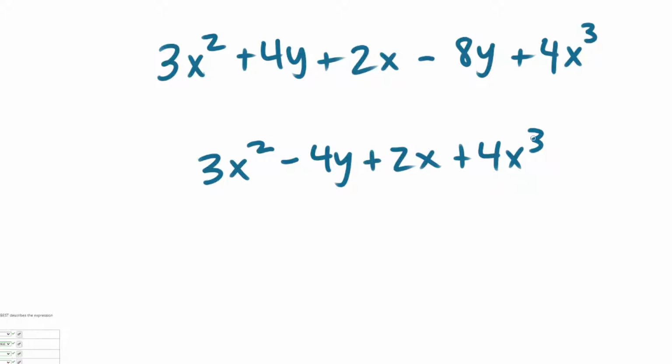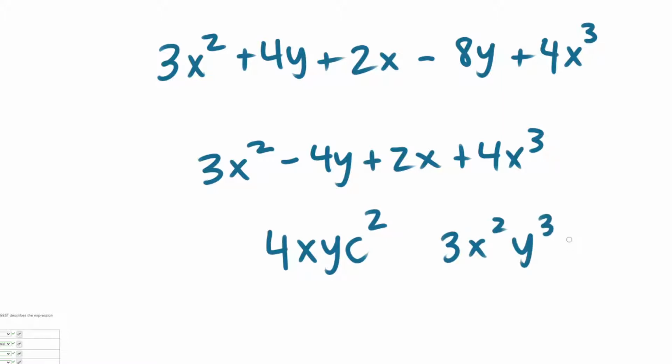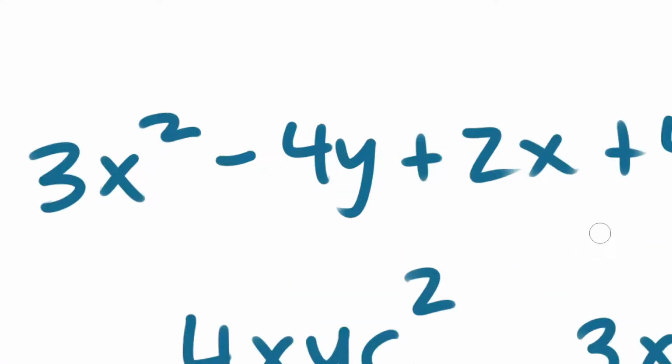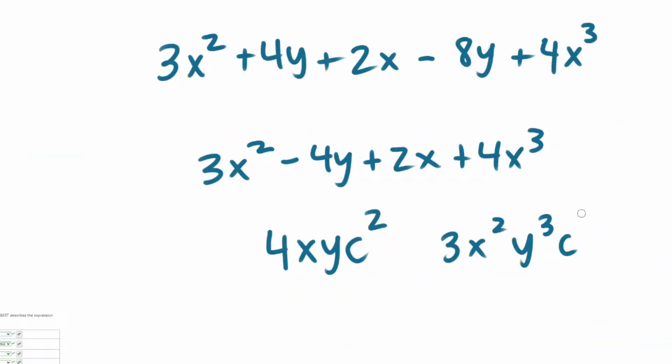They are not like terms because they do not have the same exponents. You can have terms like 4xyc squared or 3x squared y cubed c, stuff like that. If they're like terms, they have to have all of the same variables with all of the same exponents.